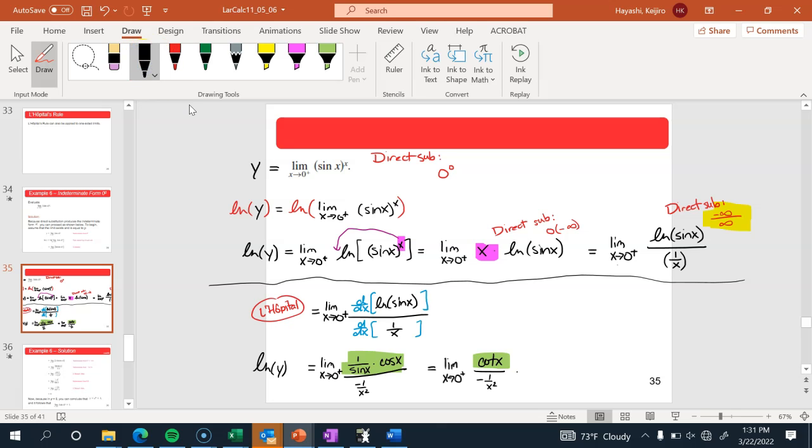Now I'm going to flip the numerator to the denominator and the denominator to the numerator. Cotangent is the reciprocal of tangent. Cotangent is cosine over sine, tangent is sine over cosine.